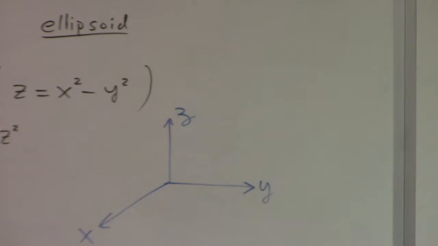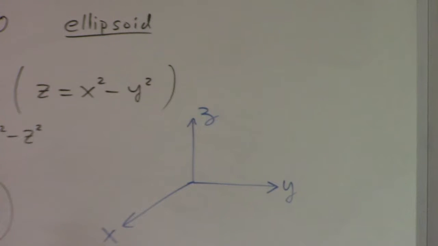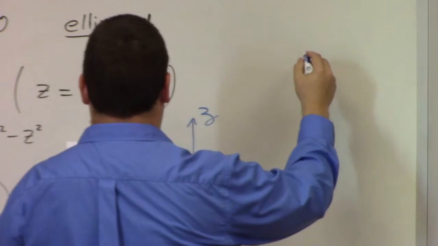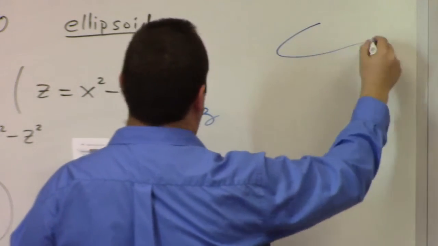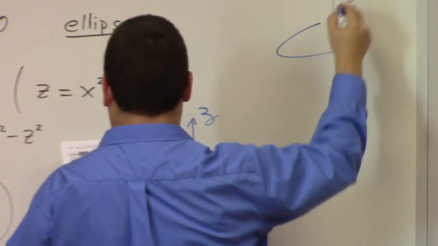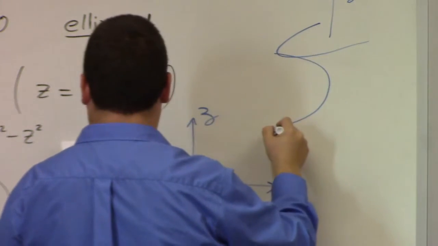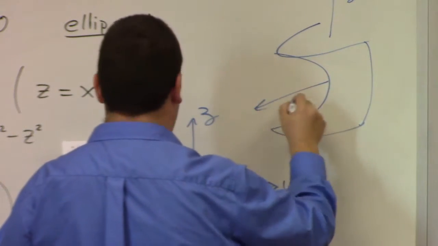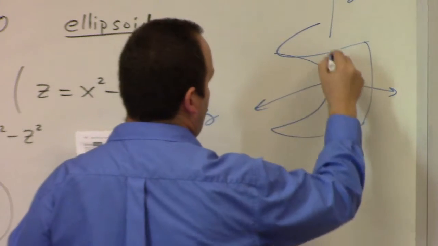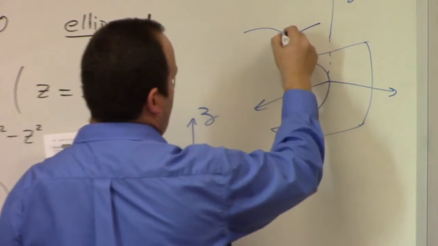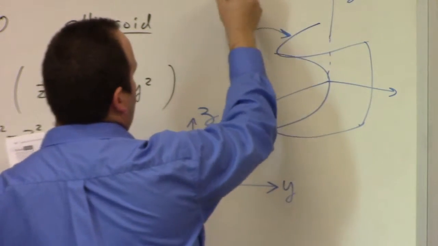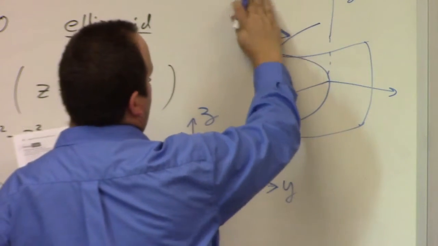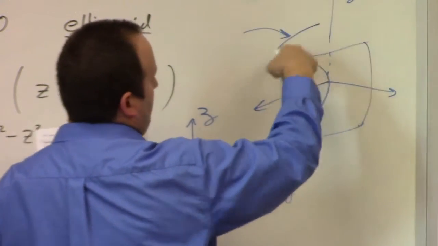All right, so if it's K, if we look at a cross-section with z equal to a constant, what should we get? So here's, roughly speaking, a picture of K. It looks like this, right? My point is up here, if you look at z equal to some constant, like 3 or something, you should get what?